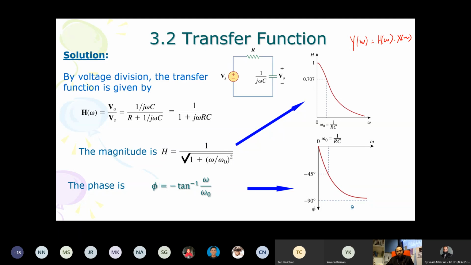What is the transfer function doing when omega equals 0? If we are talking about this system, with H omega, X and Y, what is H omega doing when omega equals 0?